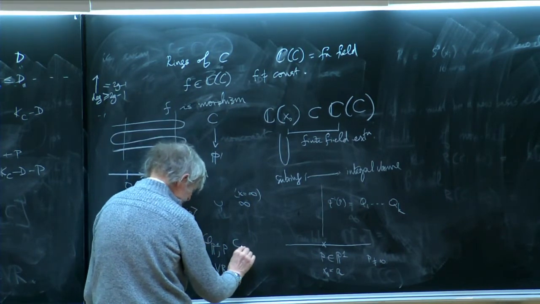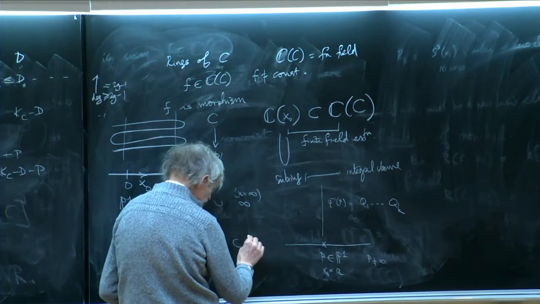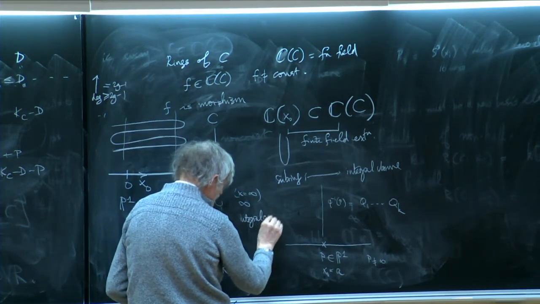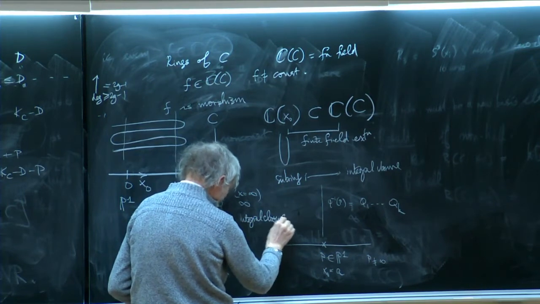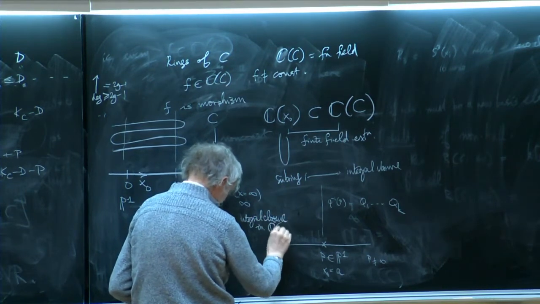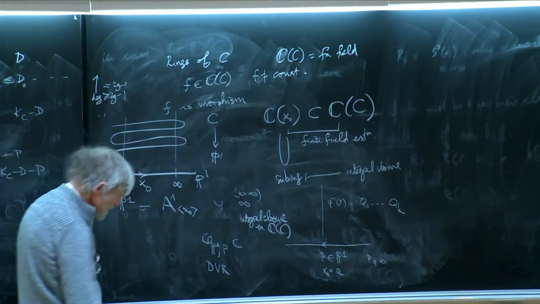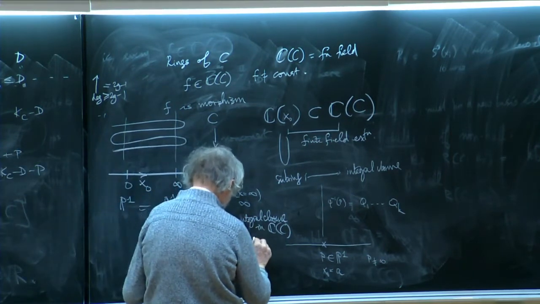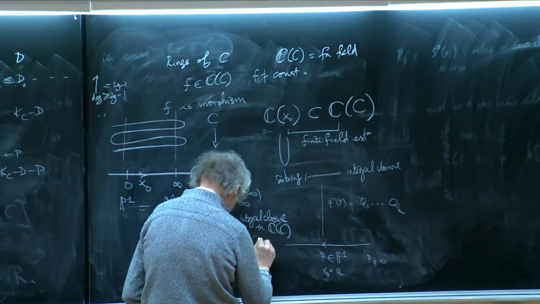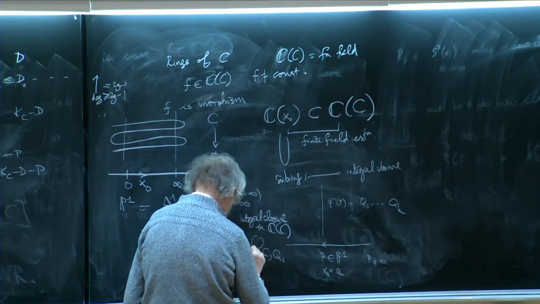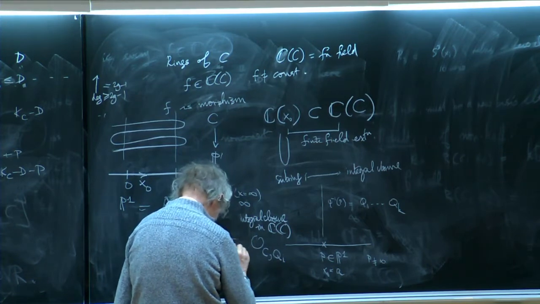So I take its integral closure in the field C of C. Yes, so this is O of C and Q_i, the intersection.